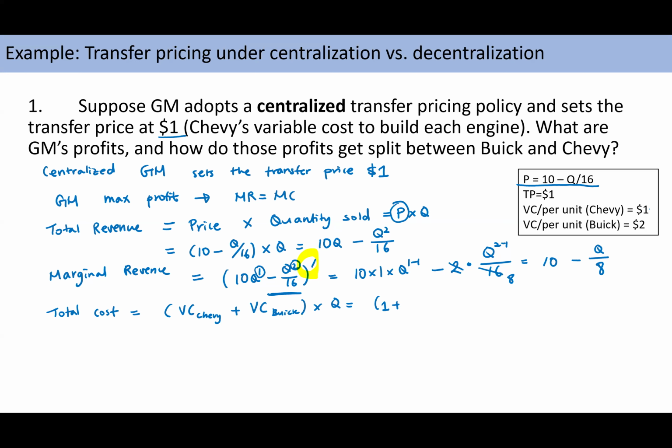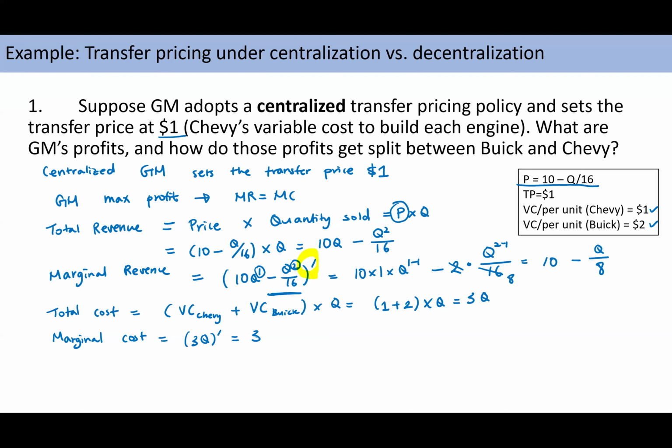The variable cost per unit for Buick is $2. That's 3Q. Now we take the first derivative of the total cost function with respect to Q to find marginal cost, which is 3.